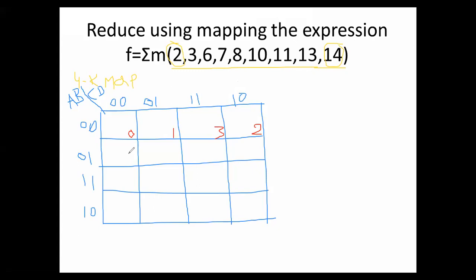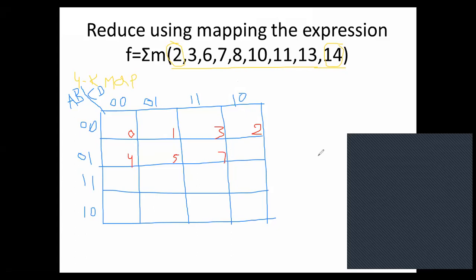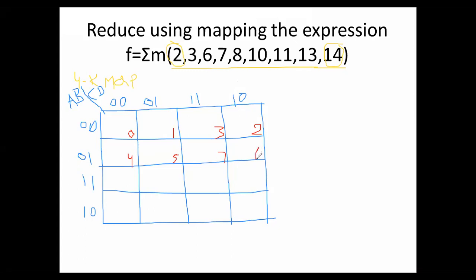Next 0 1 0 0 is 4, 0 1 0 1 is 5, 0 1 1 1 is 7, 0 1 1 0 is 6.